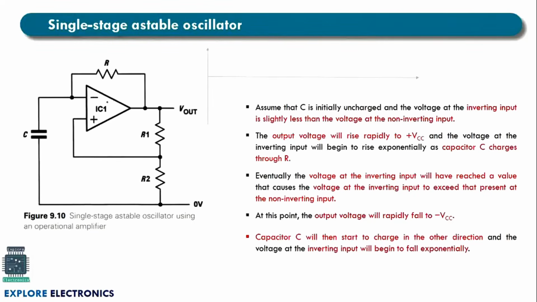So it is an op amp, an amplifier circuit, and with an amplifier circuit we should have a positive feedback. This is the positive feedback circuit which is connected to the positive terminal of the op amp. This will act as a feedback network and this will act as an amplifier. Here in the single stage astable oscillator we will have one capacitor.